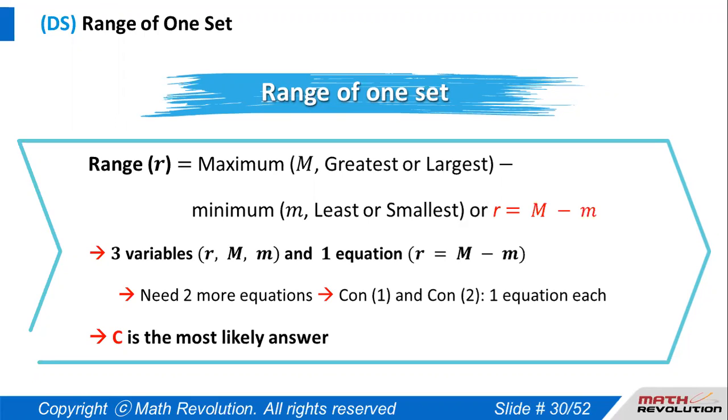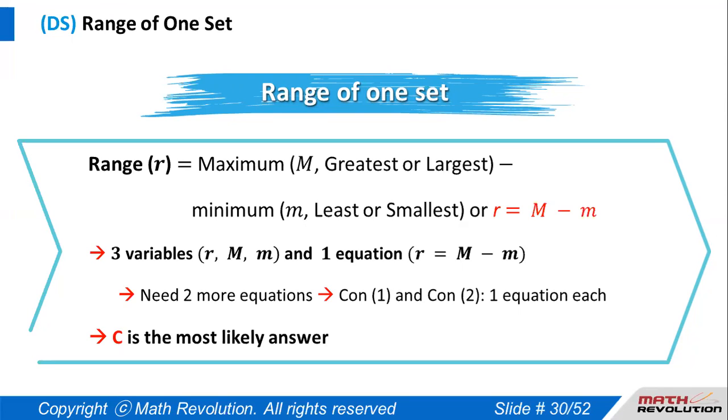We are already dealing with three variables now: small r, capital M, small m. And we have one equation, which says R equals capital M minus small m. So now I've got three variables and one equation. I need two more equations to solve this question, and those two can easily be achieved by condition number 1 and 2 combined. So that gives me C as the most likely answer.